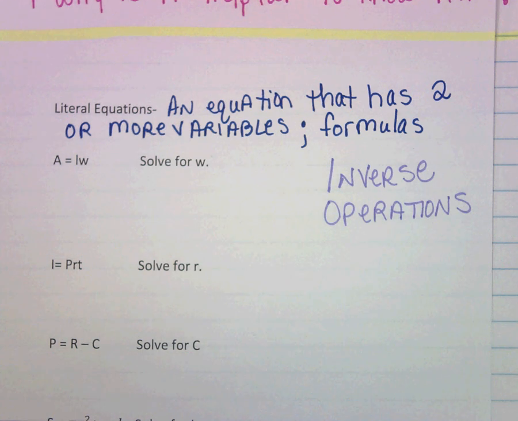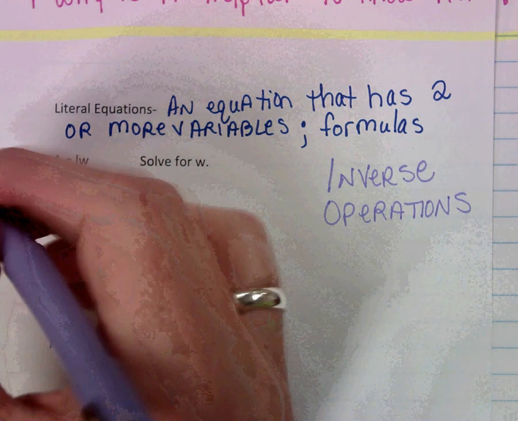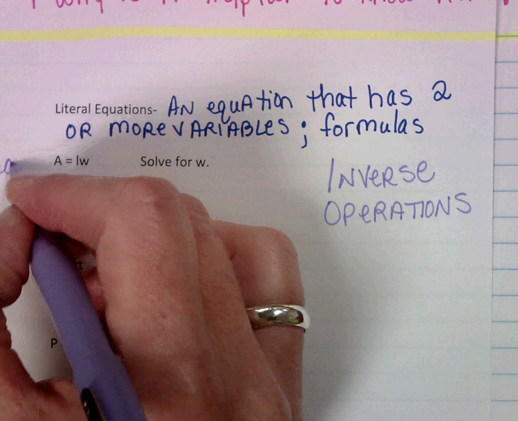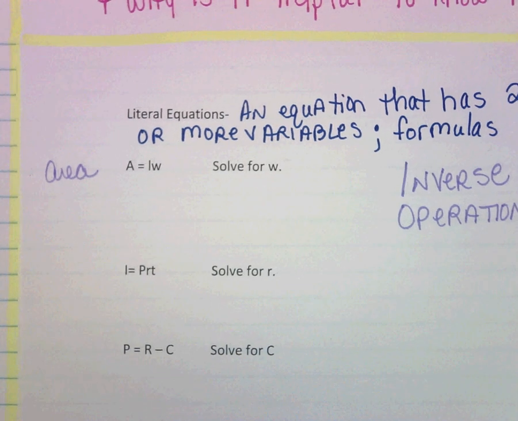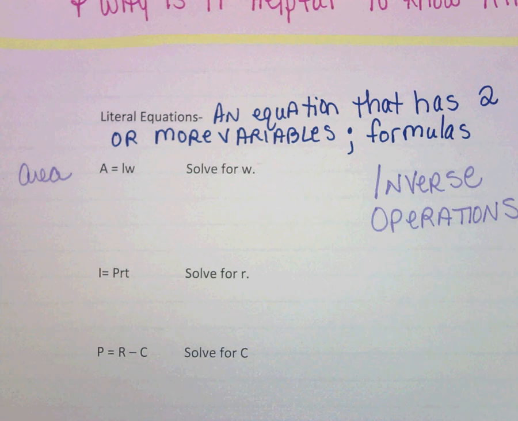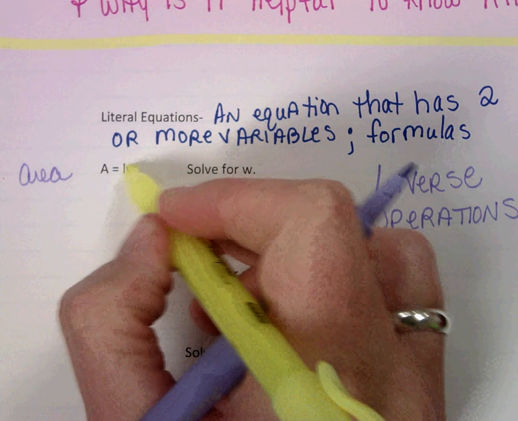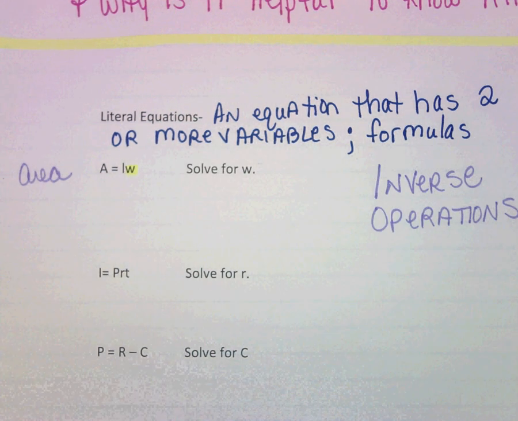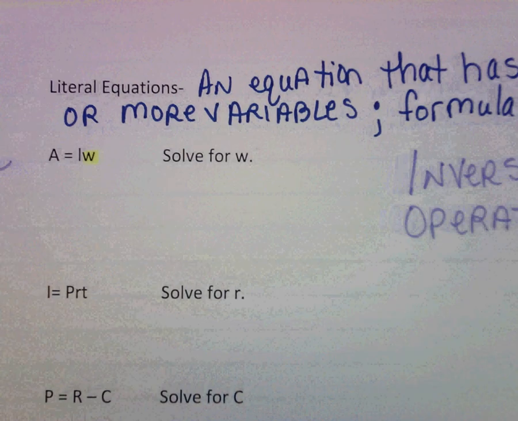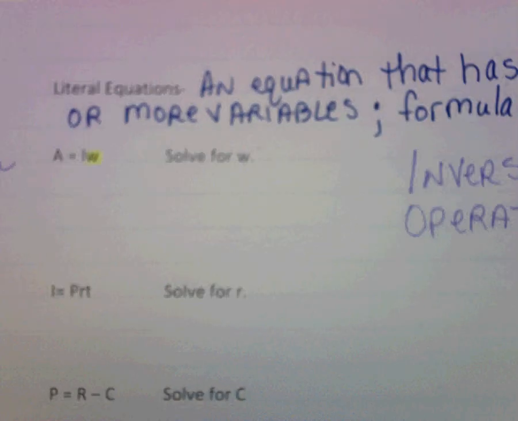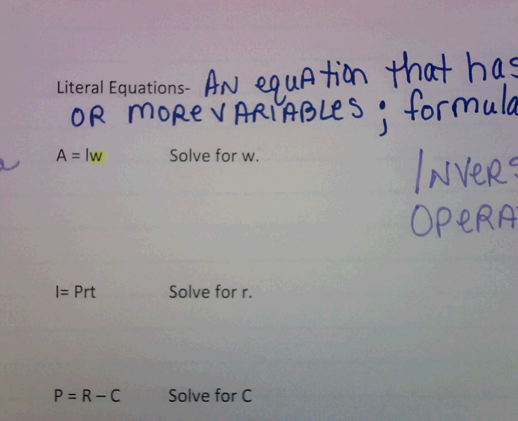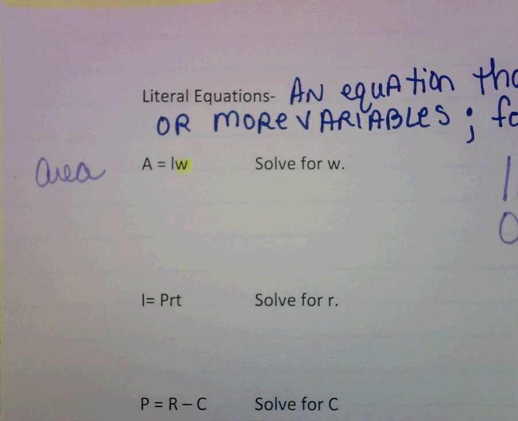In this first formula, I want you to recognize that this is the area formula for a rectangle. And I want us to solve this equation for W. You do this in science, and you may not realize it, but we're still solving for it.